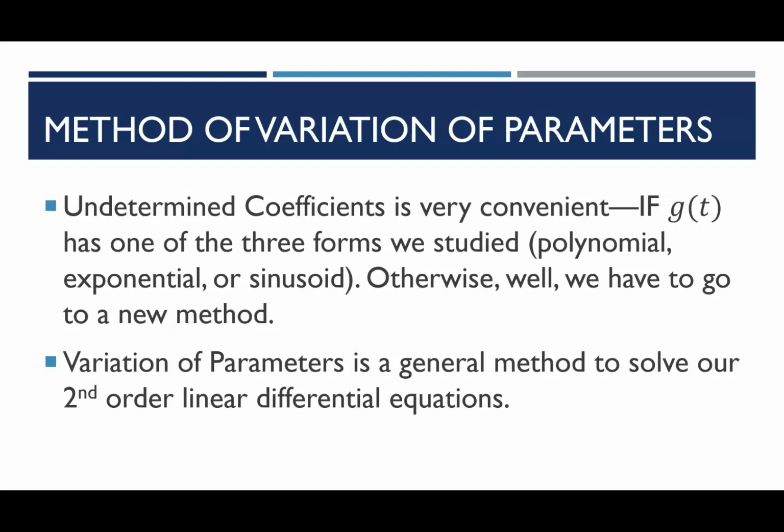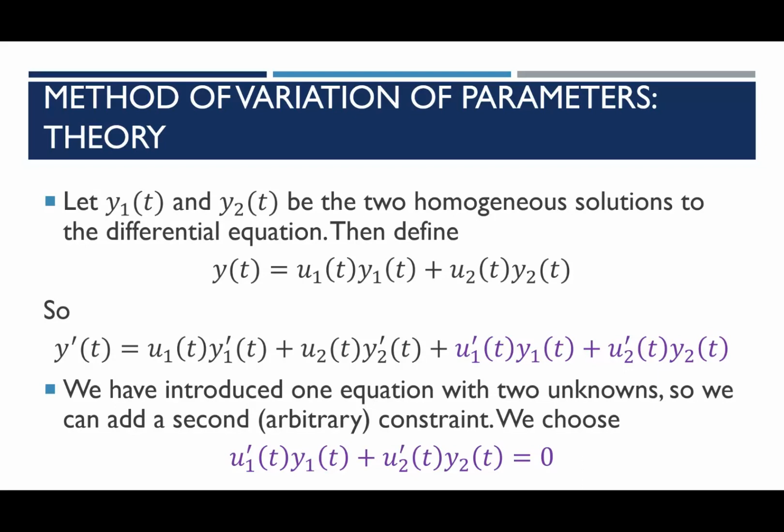So I have like 3 slides on the theory. So first, you find your homogeneous solutions. So you have y1 and y2 are the homogeneous solutions. Remember from everything you've learned so far with homogeneous equations, you say, okay, my solution for the homogeneous equation is a linear combination of those 2 solutions.